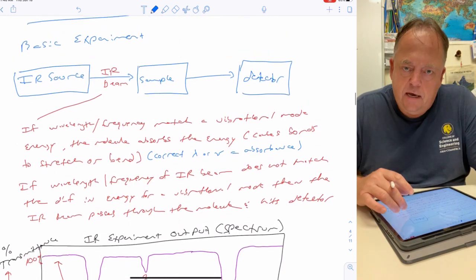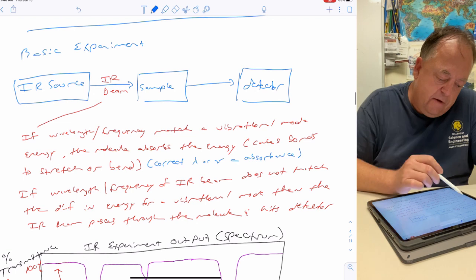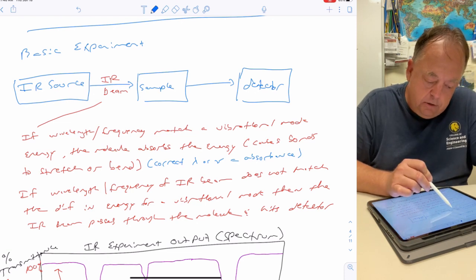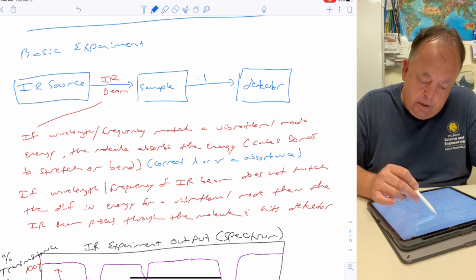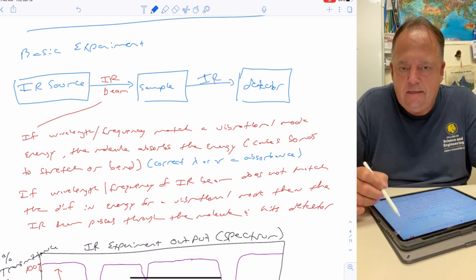Okay, so the basics of how an IR works. You have an IR source that generates an IR beam that you pass through your sample, and then the IR that comes out hits a detector.